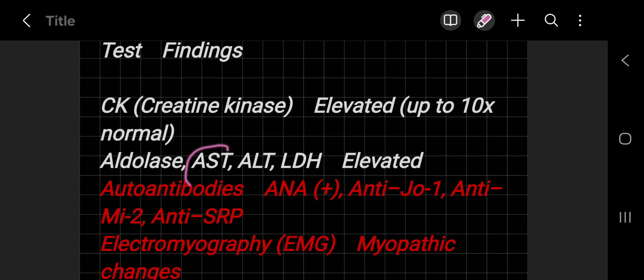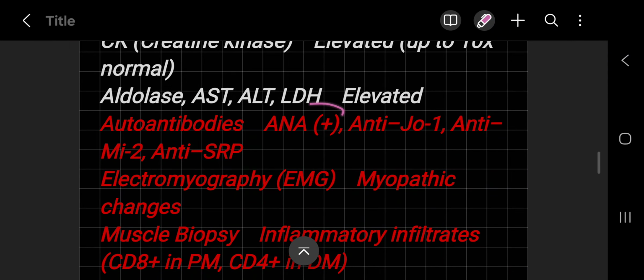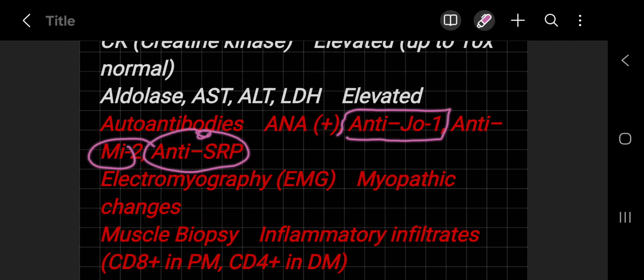It is also elevated. AST and ALT should also be elevated, but they come from muscle. LDH is also raised, and autoantibodies like ANA are also raised. Other autoantibodies like anti-Jo1, anti-Mi2, anti-SRP, these are characteristically present.